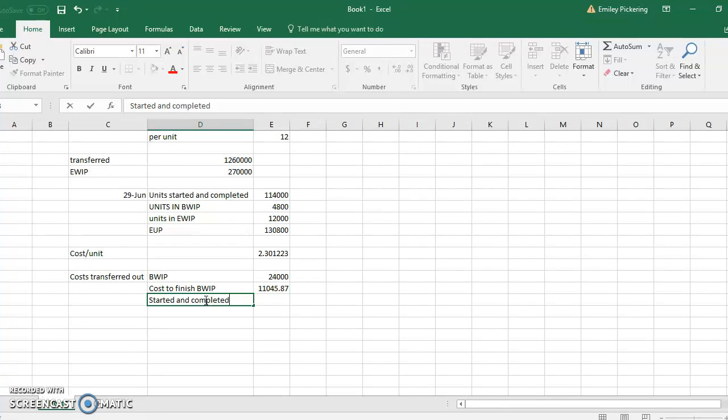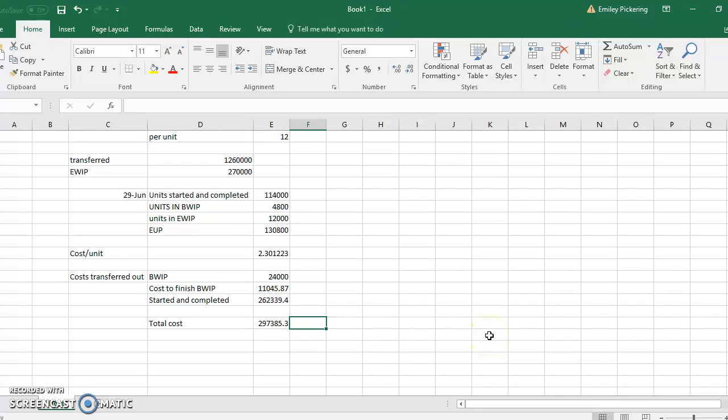Started and completed. So in this case, I'm going to again take my 114,000, multiply it by my per unit cost, and that's 262. I rounded here. It should really be 262,200 if you just rounded to 2.30, but that's okay. So your total cost is 297,240 really is what it should be if you rounded here.